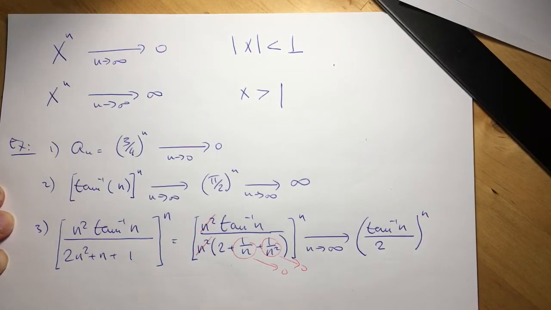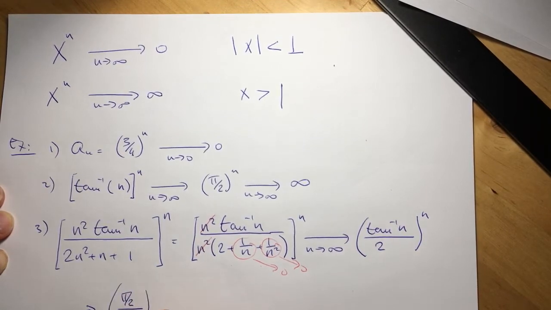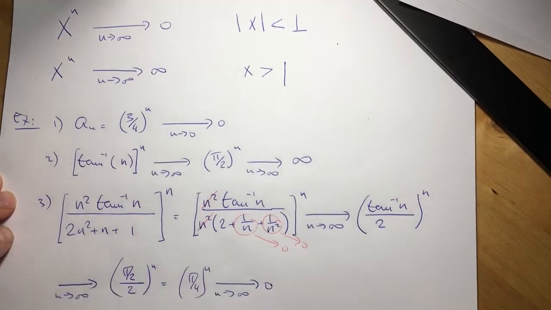But then as n goes to infinity, arctangent of n is pi/2, so (pi/2) over 2 to the power of n, which is (pi/4)^n, and now this ratio pi/4 is less than 1, so this will approach 0 as n goes to infinity.